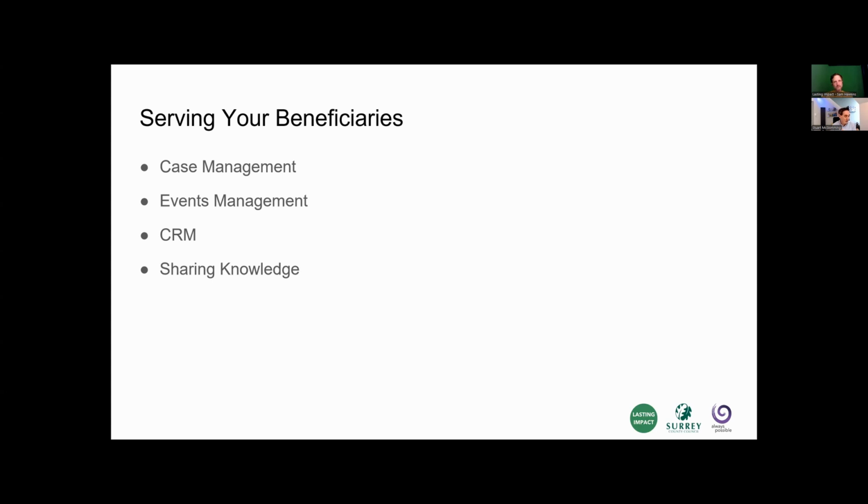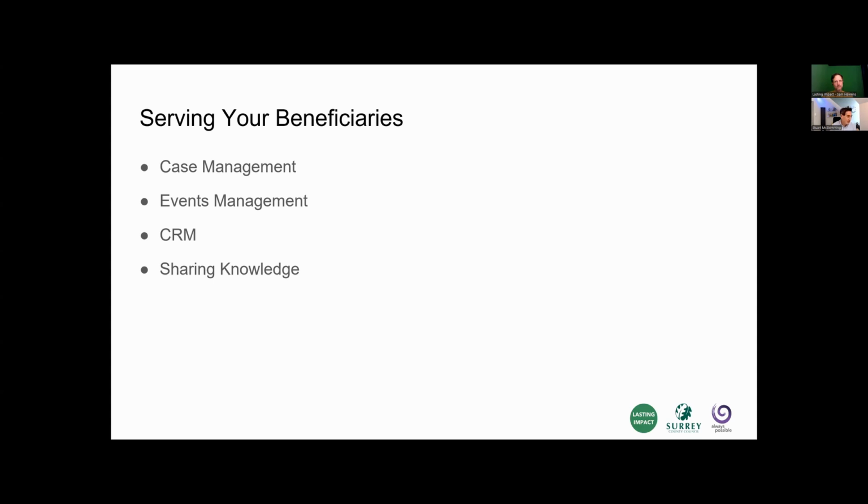You may decide that you want to keep track of people you're talking to and the advice you've given them. A case management tool can be absolutely essential for that. It will help you report back to funders. It will also help you keep track of the work you're doing and make things a lot easier. A lot of contracts insist that you have technology to do this. It will also make sure that you're safeguarding people's data effectively.